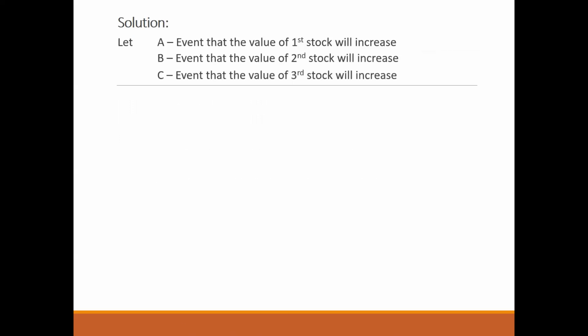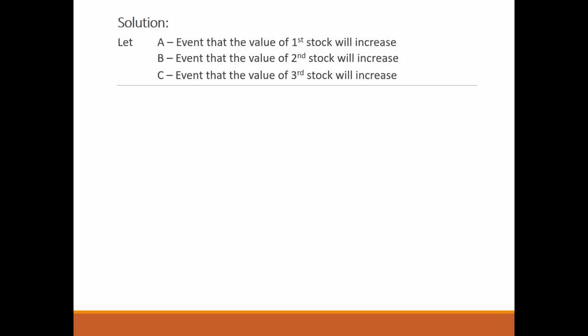Similarly for B and for C. So these are my three events for three stocks. Now, if I want to say that all three are going to increase, then the simplest formula for this is the multiplication formula. So PA into PB into PC will give me the answer. So that will be 0.8 multiplied by 0.7 and multiplied by 0.6. That is going to give me the final answer for the first question, where we want to find out the probability that all the three stocks are going to increase.